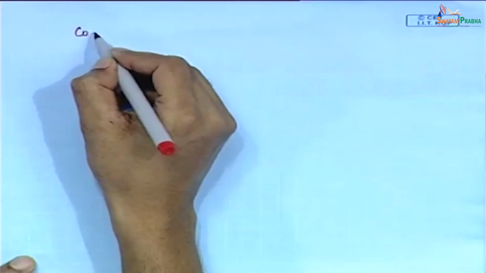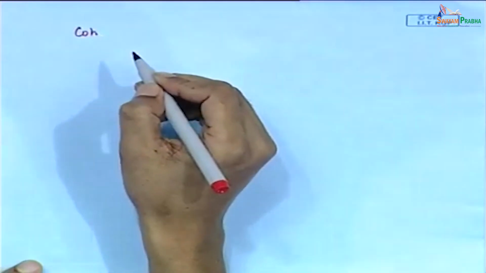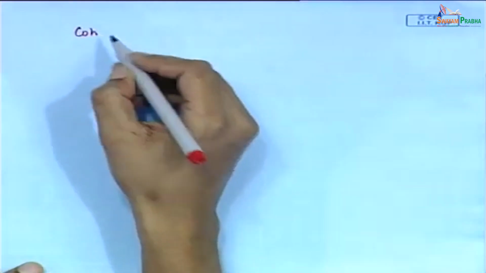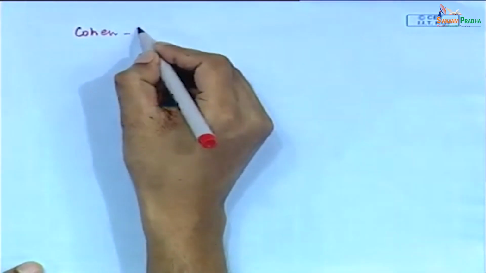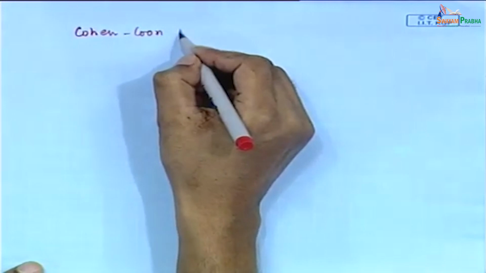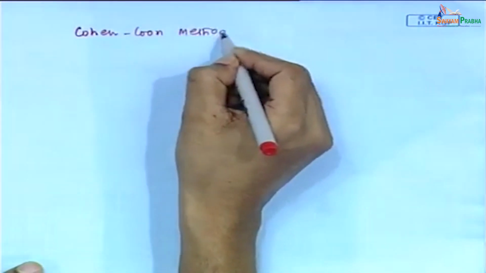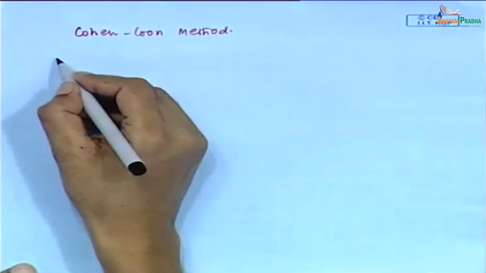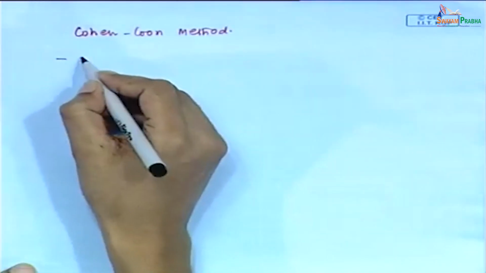So, next we will discuss one technique which is based on the empirical rules, that is Cohen-Kuhn technique or Cohen-Kuhn method. This method was proposed by Cohen and Kuhn. This is an empirical tuning method.